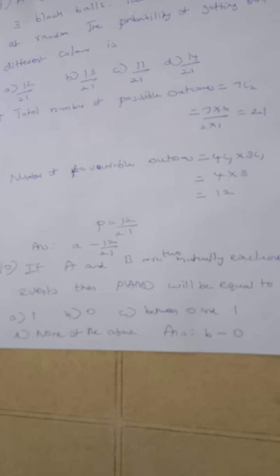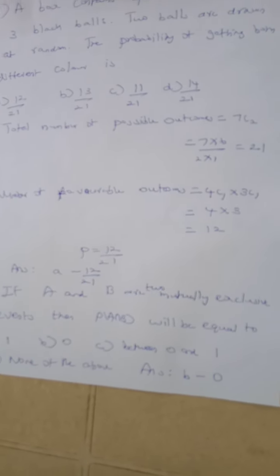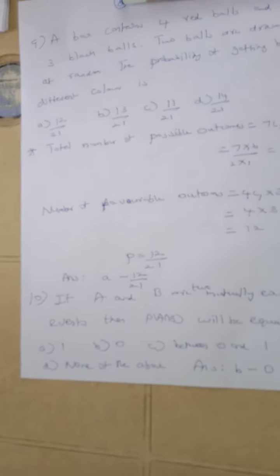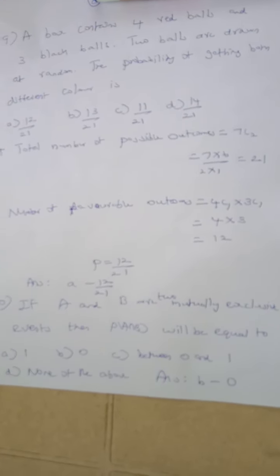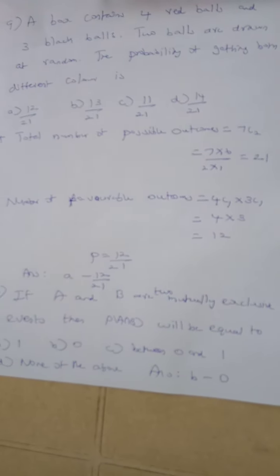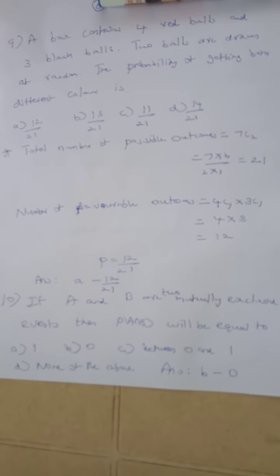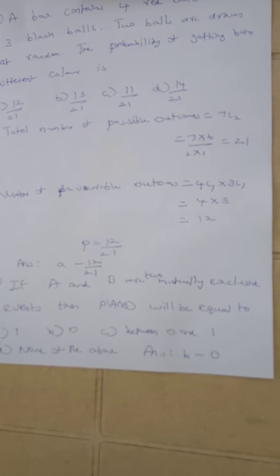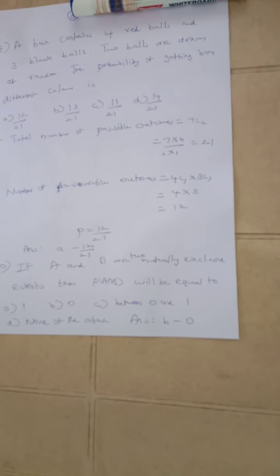If both occur at the same time, we are going to use multiplication symbol. If any one of them occurs, we are going to use addition symbol. Here we are going to take both the balls simultaneously. It occurs at a time. So 4C1 into 3C1, which is equal to 4 into 3, 12. So probability is equal to 12 by 21. Here the correct answer is option A, 12 by 21.